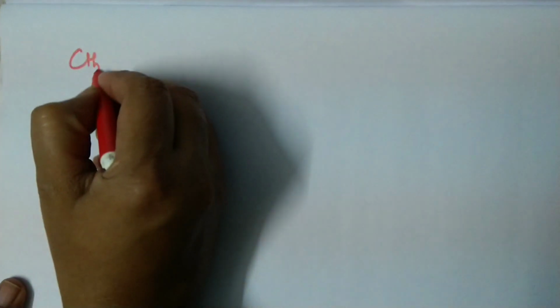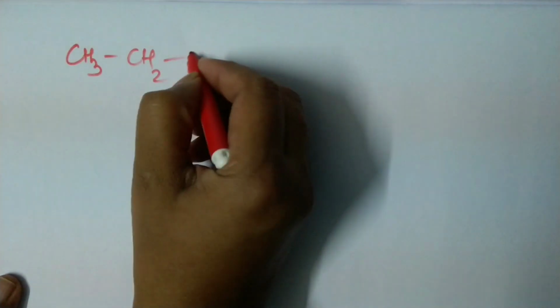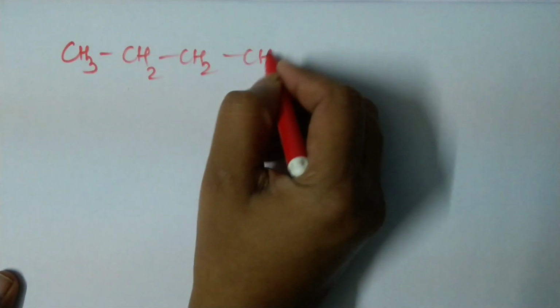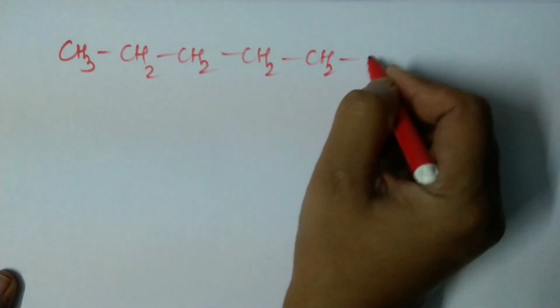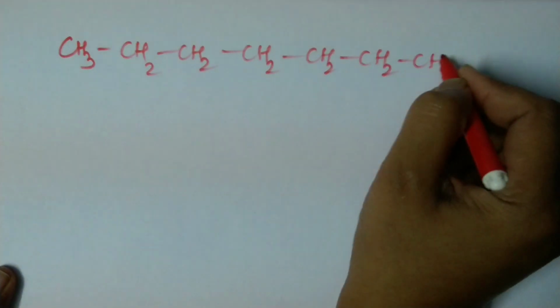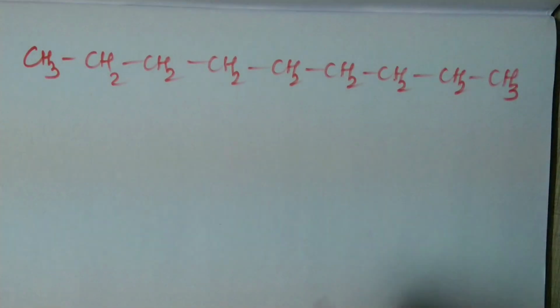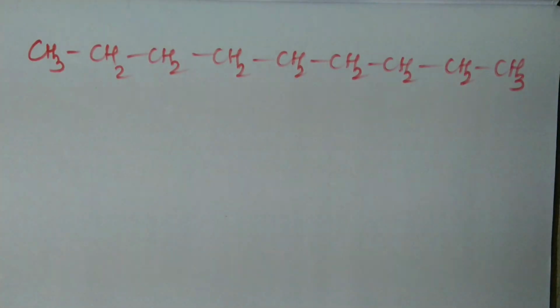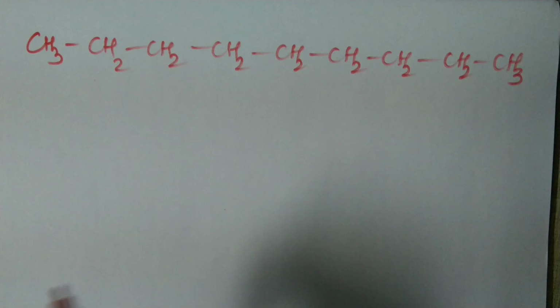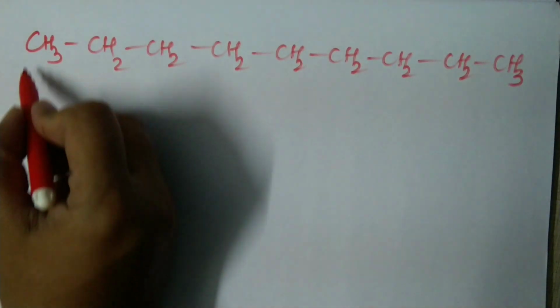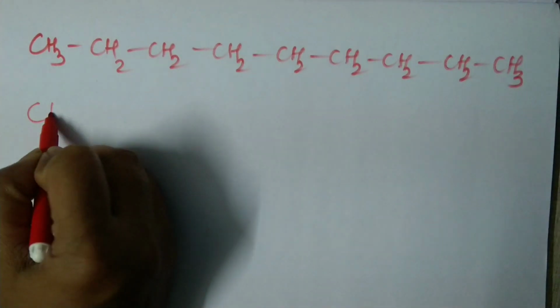So imagine I have a molecule like this. So CH3, continuously I will write CH2 like this. So it will feel difficult. So many times I need to write carbon and hydrogen. Can I condense this one? Yes, this can be further condensed by just writing it like this, CH3.